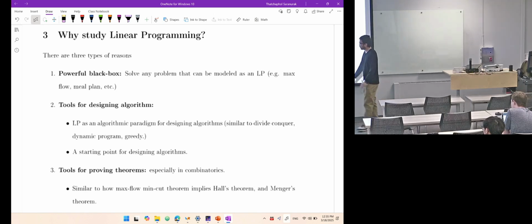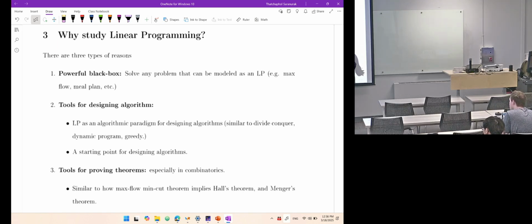Also, it's a tool for proving theorems, not even about algorithms, but for proving something in combinatorics, many things. You might not know what this means yet, but think of it like learning the Max-flow Min-cut theorem, just some graph theoretic theorem.